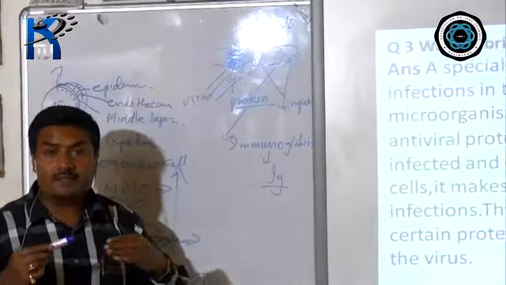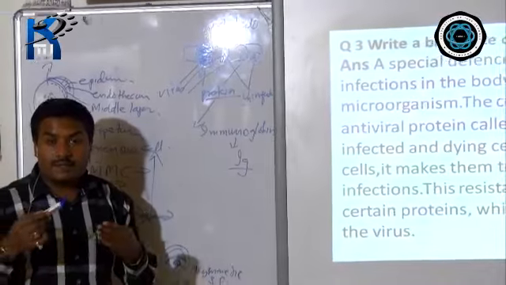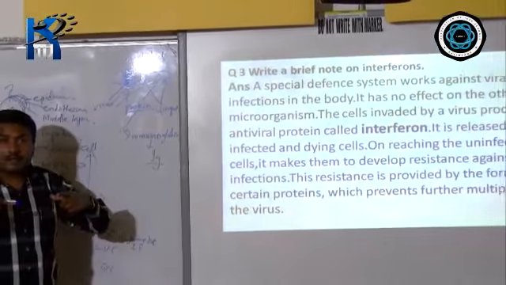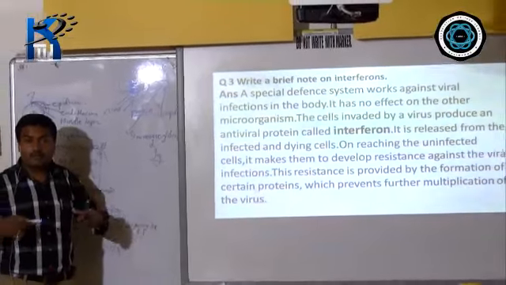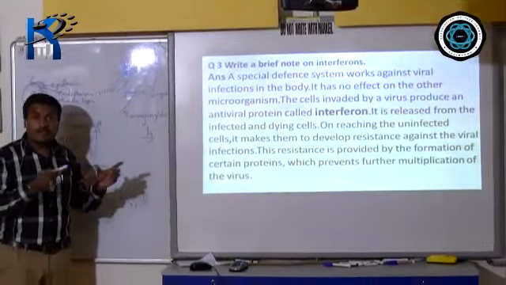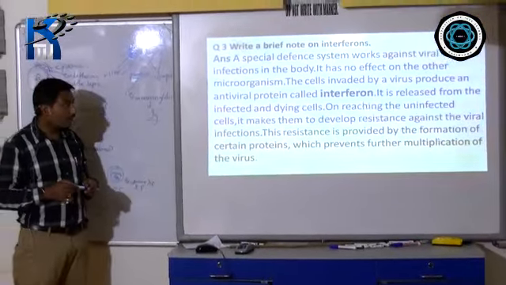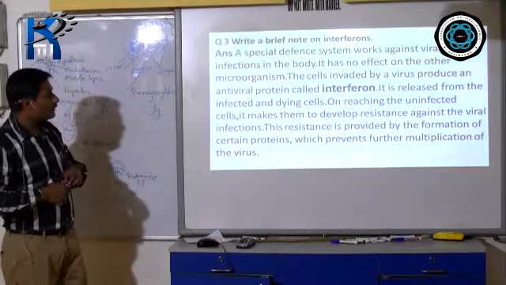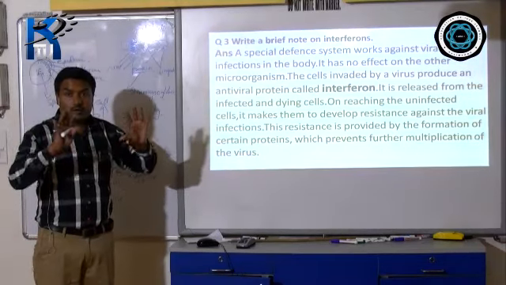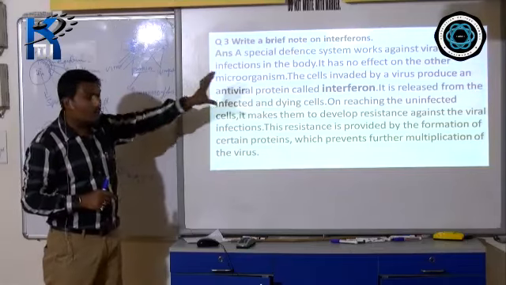So it is one type of signal, giving a signal to the other uninfected, normal cells, so that they can be alert, they can be active, they can produce the necessary immunoglobulin protein so that they remain uninfected. So what do you call this? Interferon. So overall, you are giving a clear image about what interferon is.